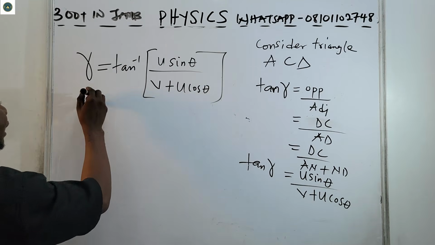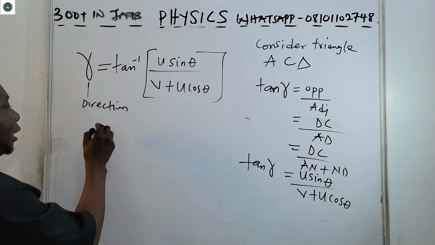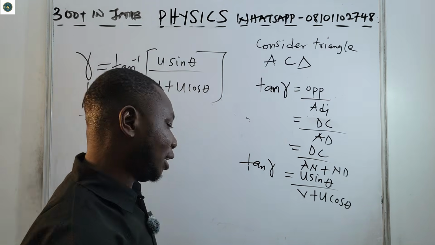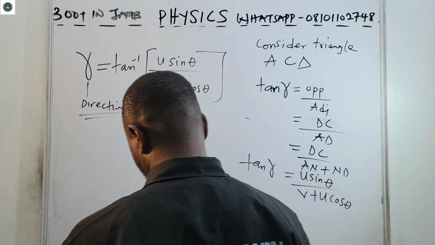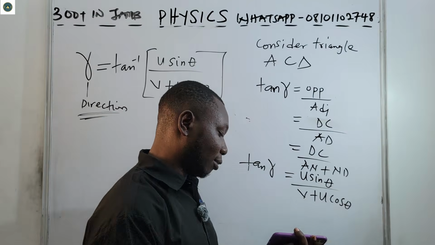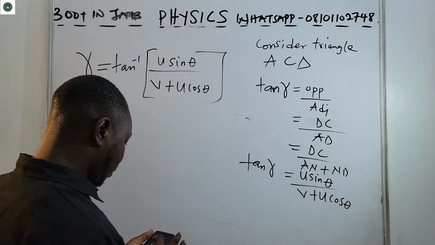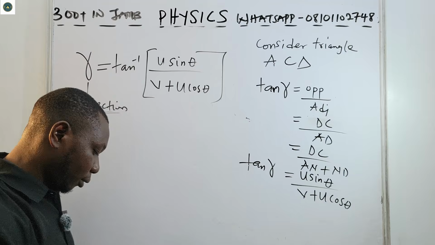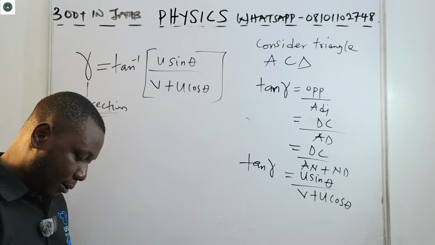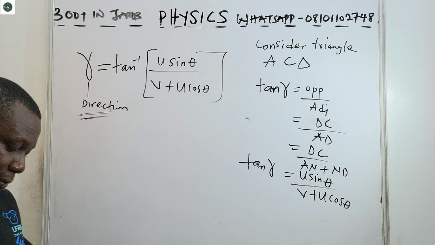So this is how to get the direction. From the parallelogram law, the direction of the two vectors acting at an angle theta can be obtained in this form. Okay, so let's see some problems to clarify our proofs.